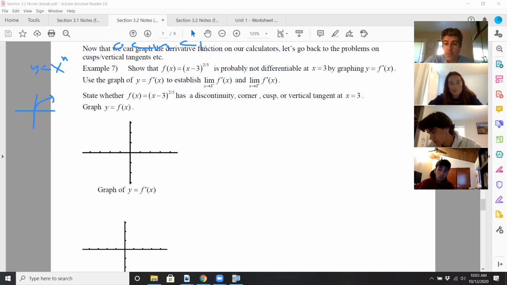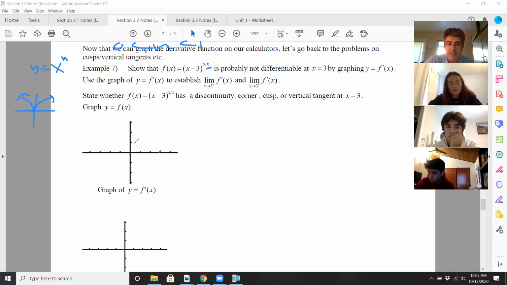We talked about that on worksheet 1 a while ago. And of course, you can define it for negative x, because it's an odd denominator, so you could plug in negatives, because you can fifth root negative numbers. So you have this here, and then the minus 3 shifts 3 right.